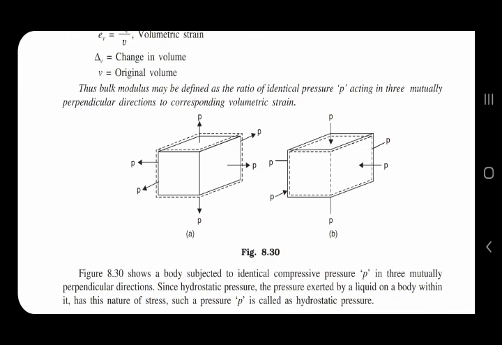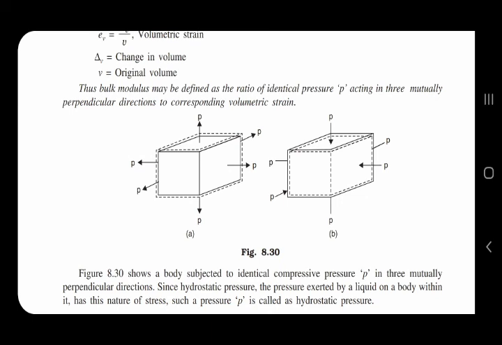Now if you consider a three-dimensional stress, the bulk modulus may be defined as the ratio of the identical pressure P acting in the three mutually perpendicular directions to the corresponding volumetric strain. So the figure represents that P is acting in the x direction, y direction and the z direction.